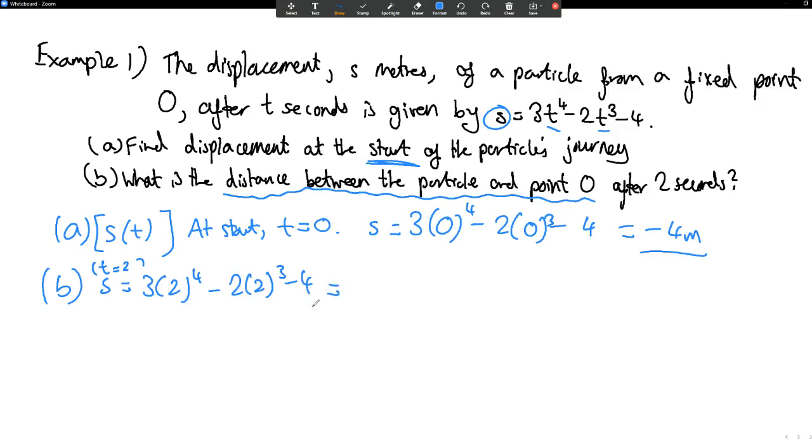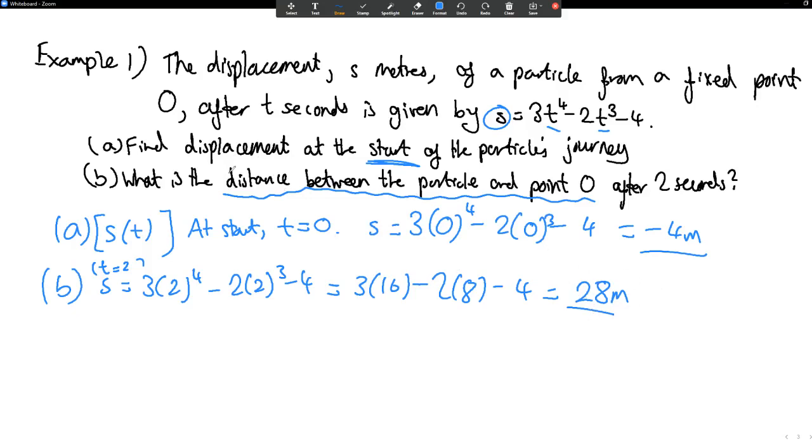Okay, and then what we do is that goes 2 to the 4 is 16, and 2 to the 3 is 8. And if you calculate all of that, we get 28 meters. Now, what we actually did was find the displacement, right?